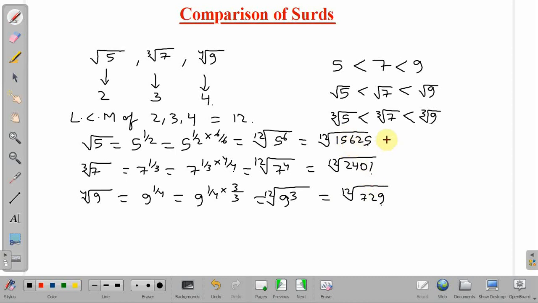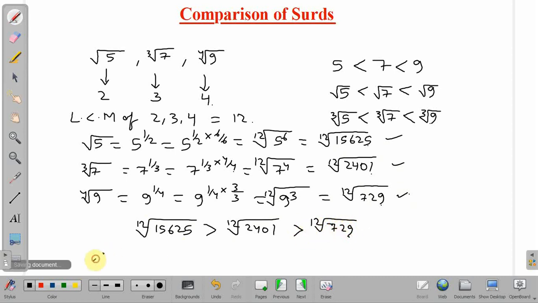Now just by seeing these three numbers, we can tell which one is largest and which one is smallest. Obviously 12th root of 15625 is largest, then 12th root of 2401, and the smallest one is 12th root of 729.